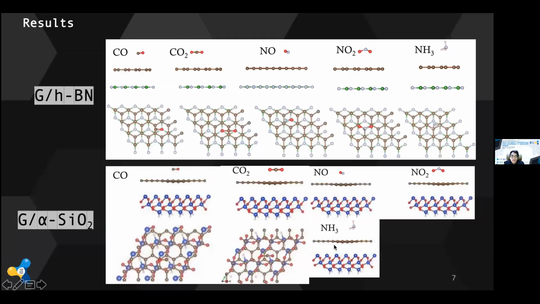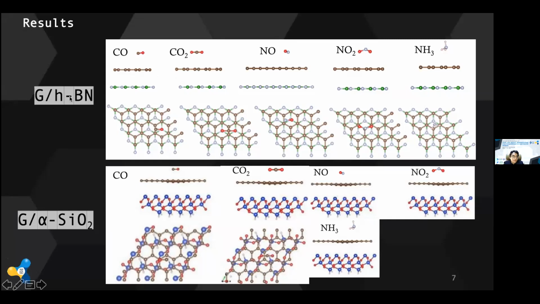And here is the absorption configuration of toxic gases that Dr. Pang studied on the graphene-based heterostructure, where the toxic gas molecules absorb with a parallel orientation with respect to the planar surface of the heterostructure.